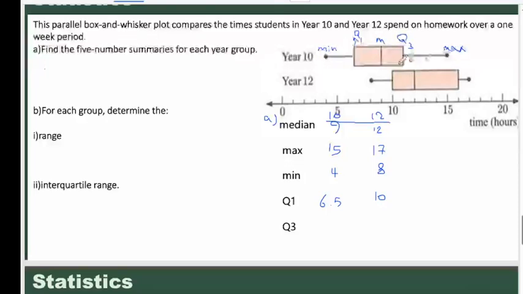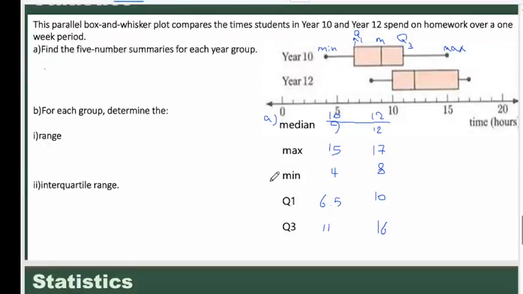All the 5 pieces of information I can get from a box and whisker plot. Okay, so I am going to find the upper quartile. That would be here 11. For 12 year would be 16.